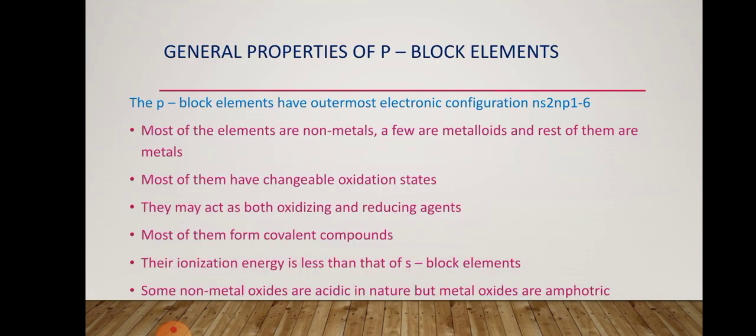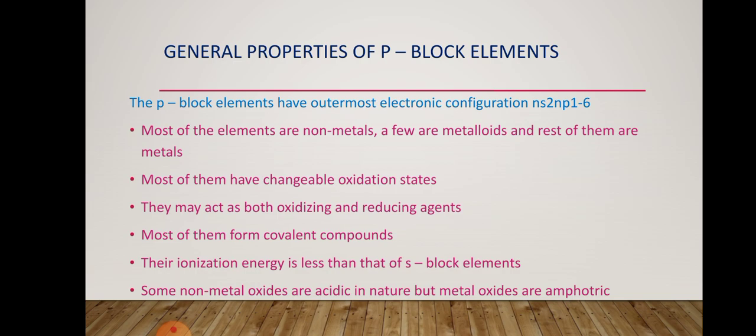Now most of them have changeable oxidation states. They may act as both oxidizing and reducing agents. Most of them form covalent compounds. Their ionization energy is less than that of s block elements.